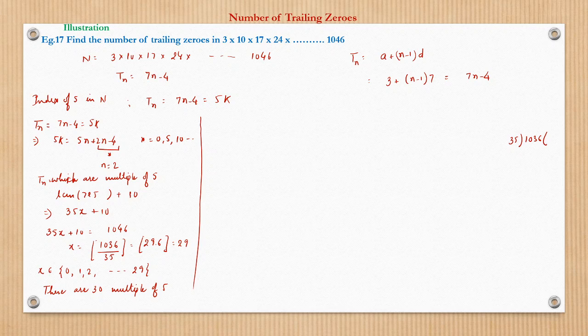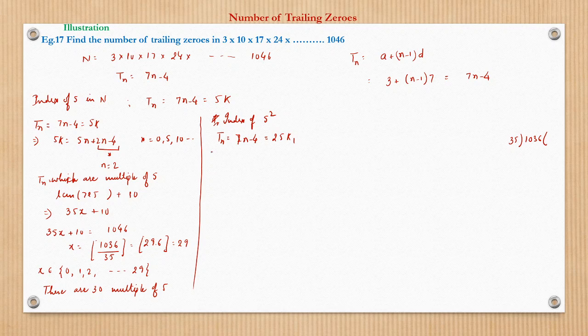So now I equate Tn, I mean to get the index of 5 square, I equate Tn is equal to 7n minus 4, and that I equate to 25k1, say suppose.